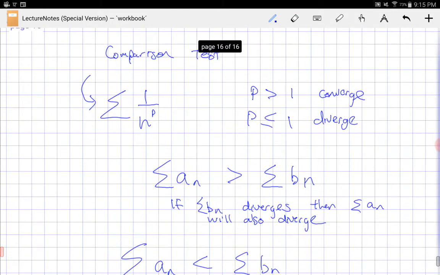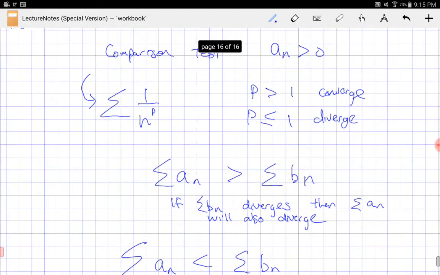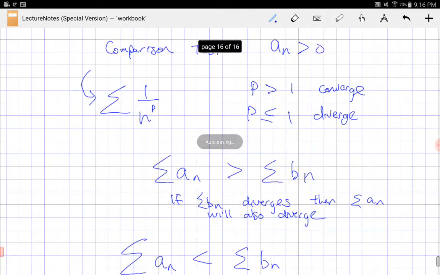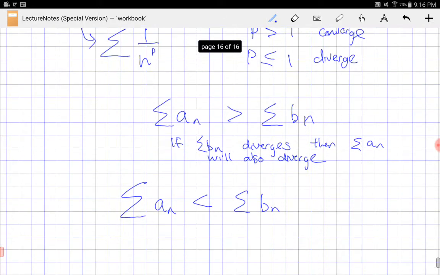Oh, yes, I always forget this one. One of the conditions is that the terms of an have to all be greater than 0. If the terms are less than 0, then we either have to multiply everything by -1 to produce a series in which all of its terms are positive, or you can't use the comparison test.